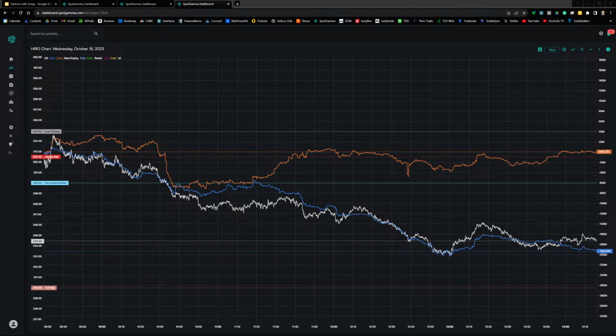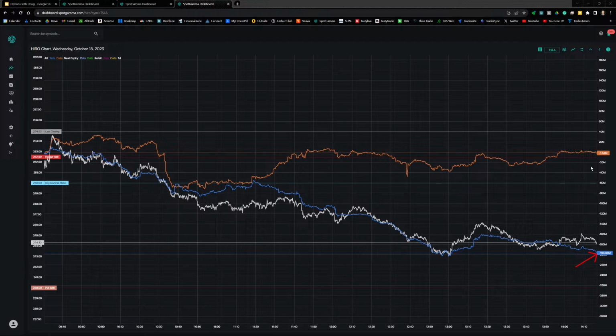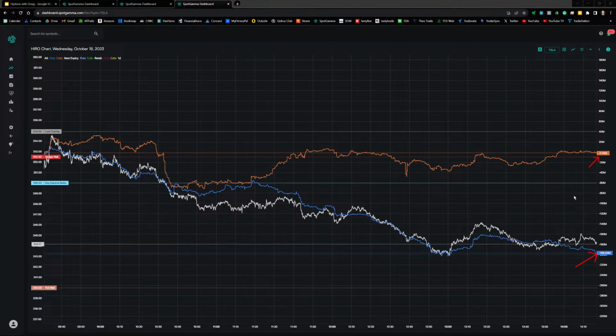So this number for the puts, and this is definitely driving price today, negative 193 million. And this number for calls is also negative for the day at 1.5 million. So put buyers definitely driving price today in Tesla. So when traders buy puts, market makers sell the puts, and they have to sell stock to hedge their delta exposure.